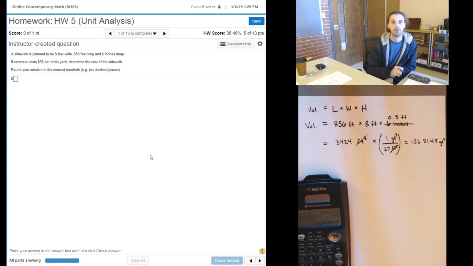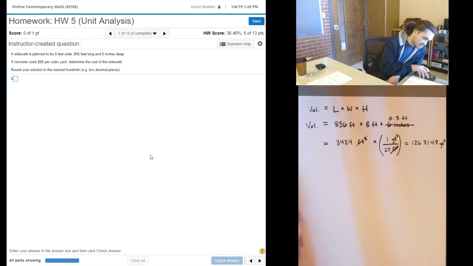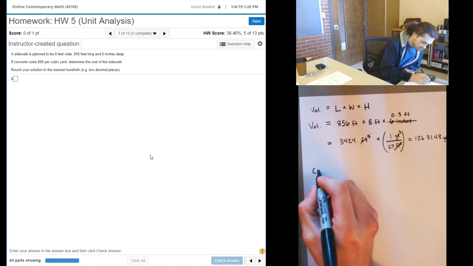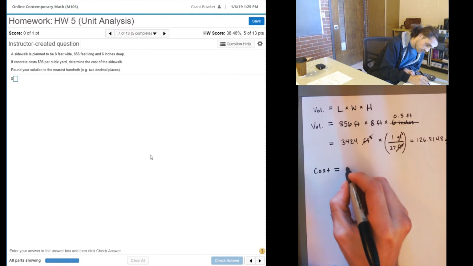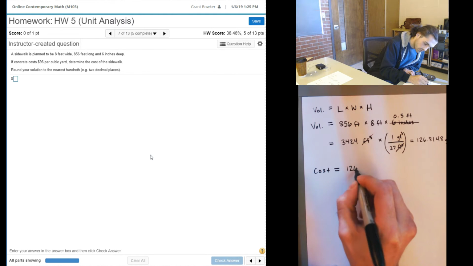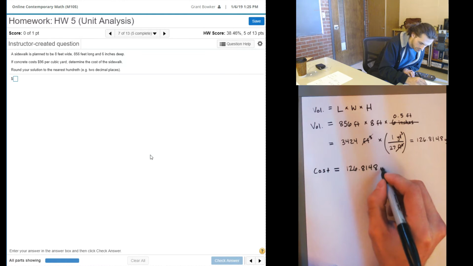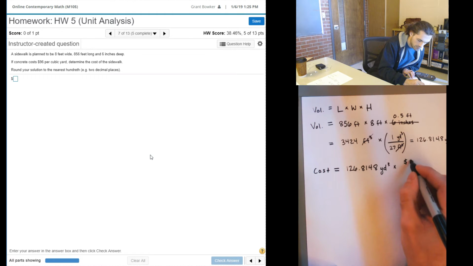Okay. So I have this many cubic yards, and I know the cost is going to equal my amount of volume, 126.8148 cubic yards, multiplied by $96 per 1 cubic yard.